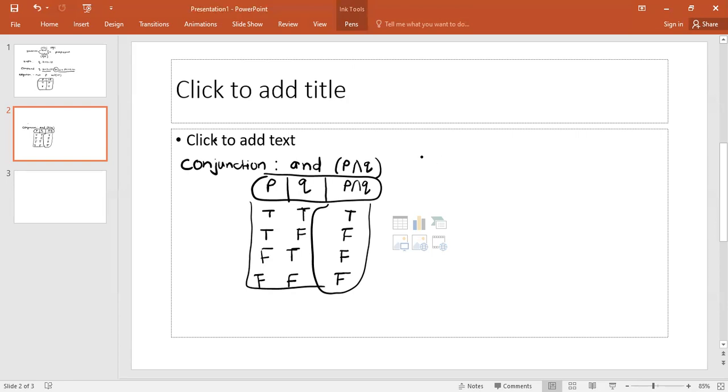Disjunction, where you use the connective word or.